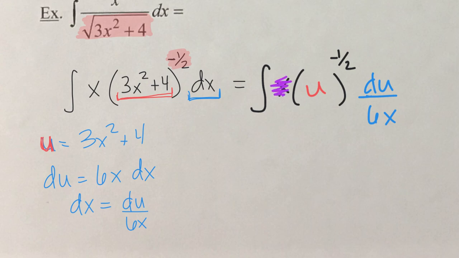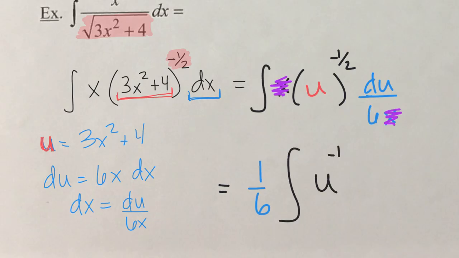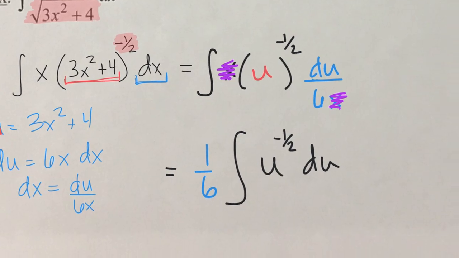We can divide x by x. We can bring the 1/6 to the outside of our integral. So we have a real simple thing to integrate. 1/6 of the integral of u to the negative 1/2 du.